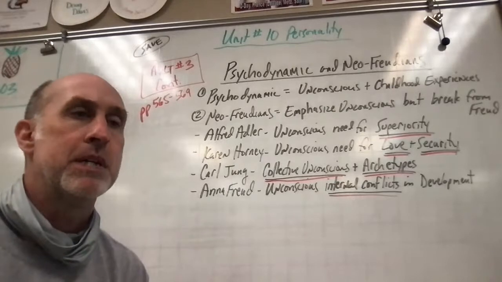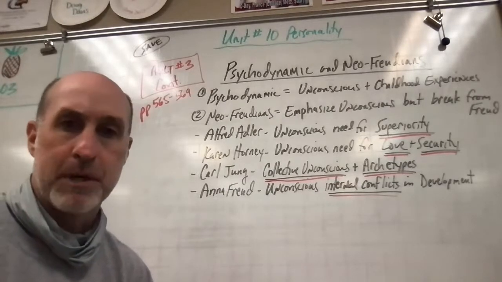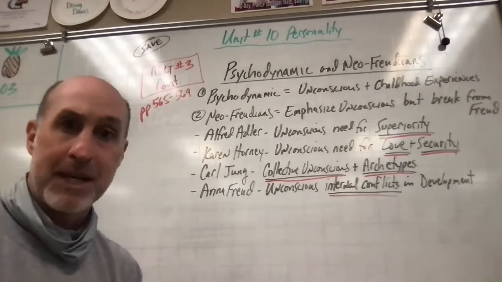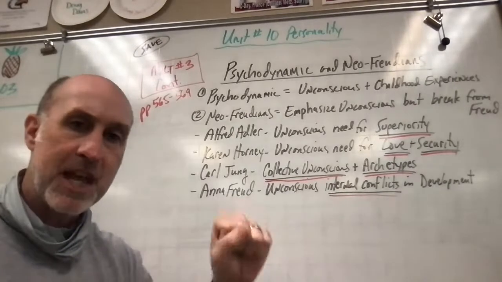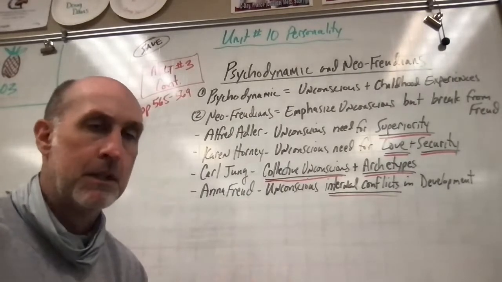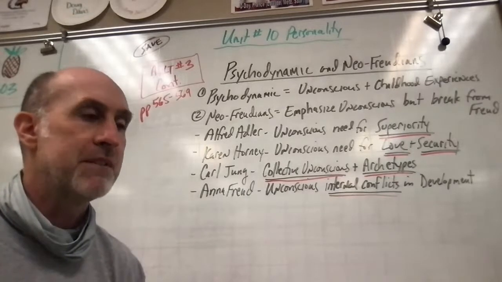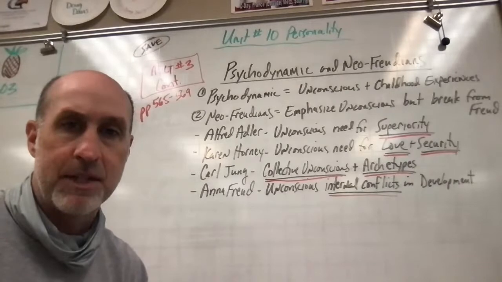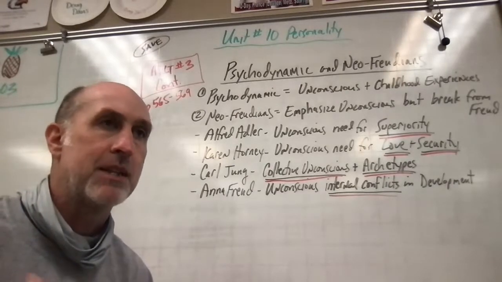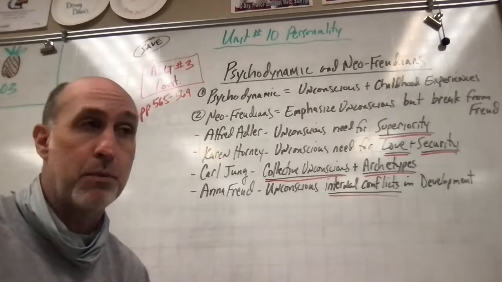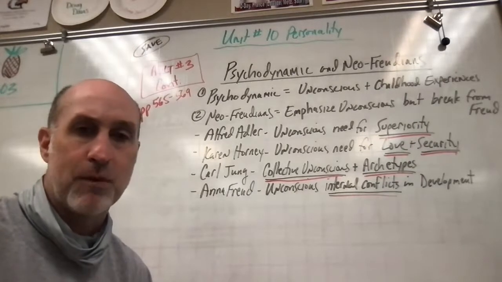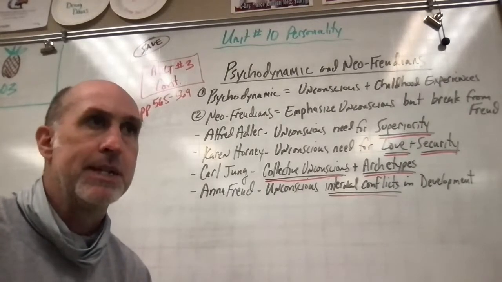We try to be dominant and superior in every area of our life. That's the main unconscious drive. So instead of sex, you put superiority in there, and he believed that was part of our unconscious mind that helped develop our personality.